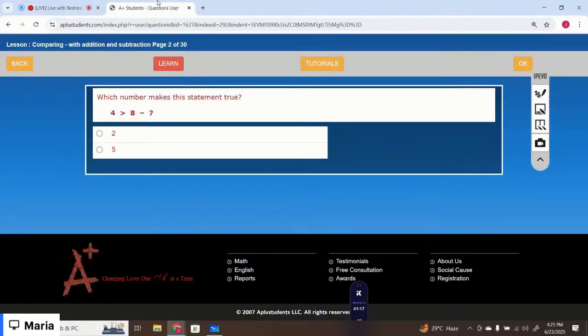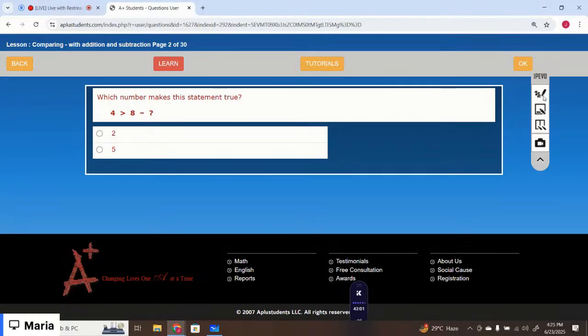Okay, the next one: which number makes 4 greater than 8 minus the missing number?